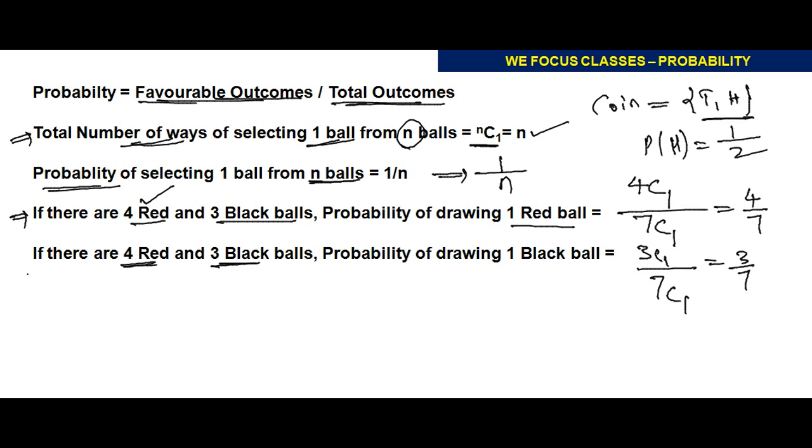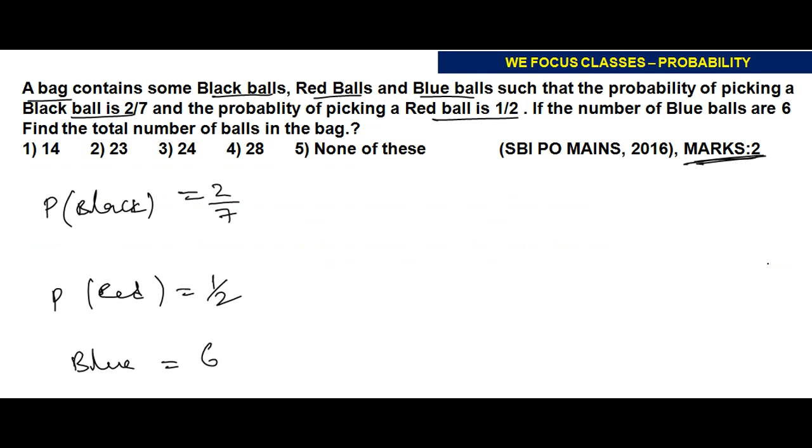See, in these 2 cases, whatever denominator you are getting, this denominator reflects the total number of balls. When the case is about only one ball, the denominator reflects the total number of balls. Keep this in mind. So in our problem, he is picking only one ball, which means the denominator must reflect our total number of balls.